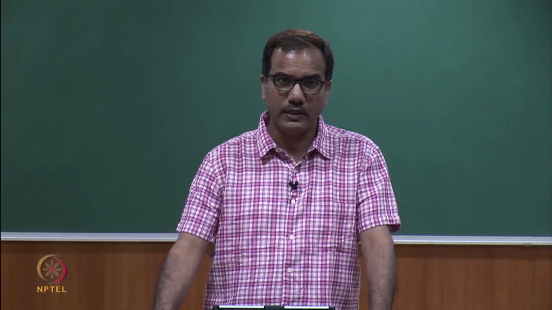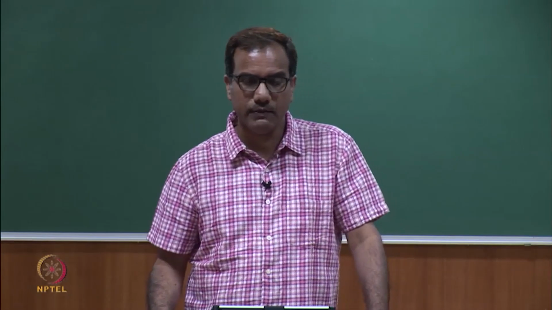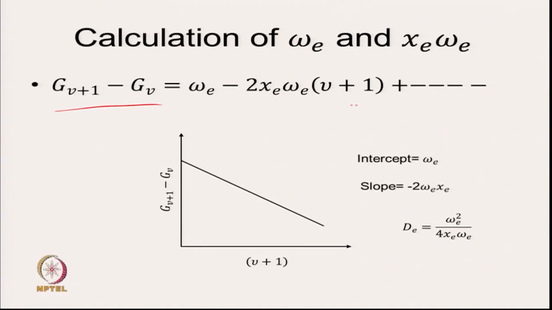So, if I plot G(v+1) − G(v) versus v+1, this we can get from IR spectra, the wave number for v+1 and v. So, this we can get from vibrational spectroscopy. If we plot this against v+1, your intercept will be ωe and your slope is going to be −2 xe ωe.